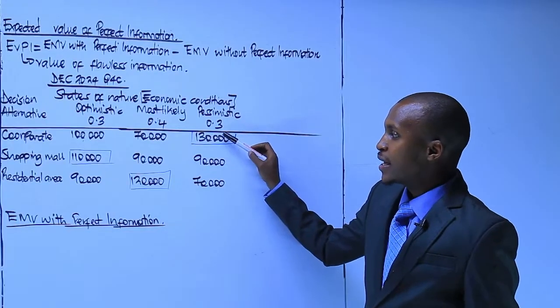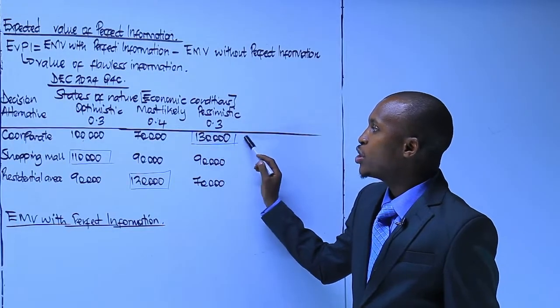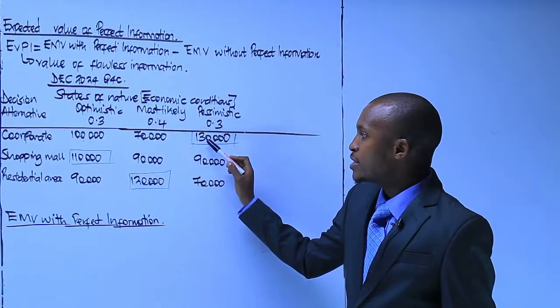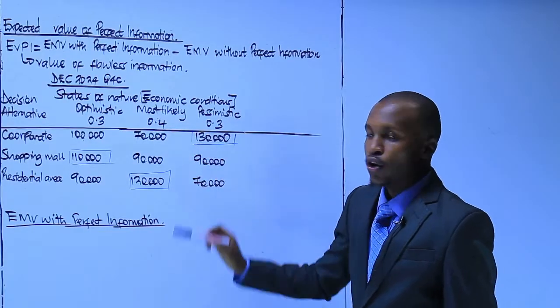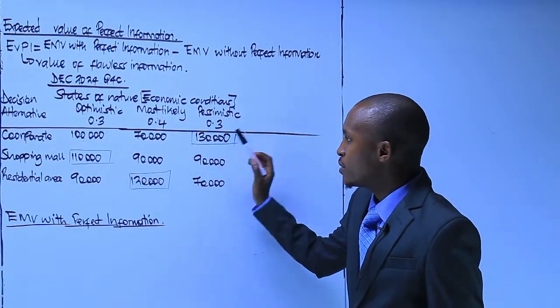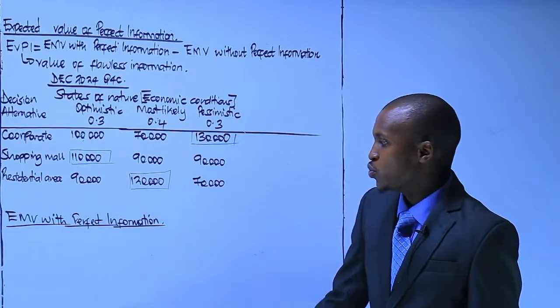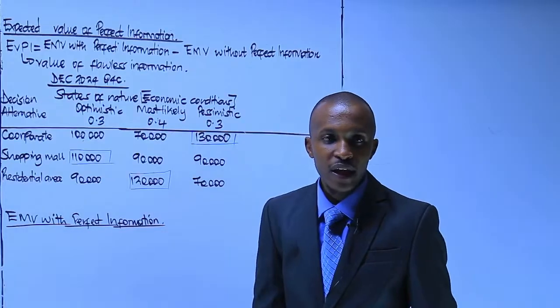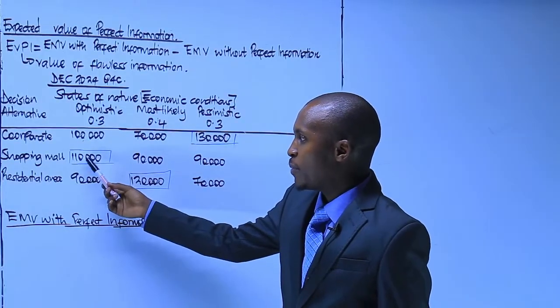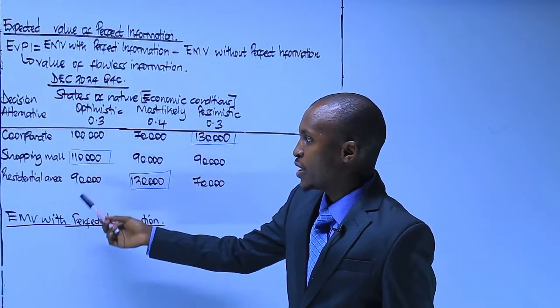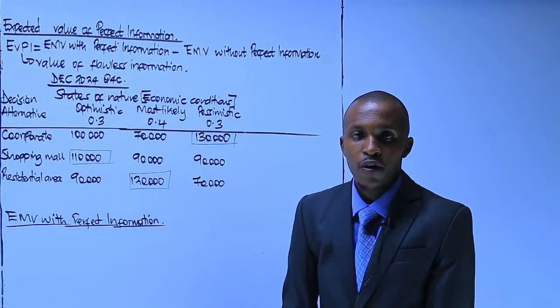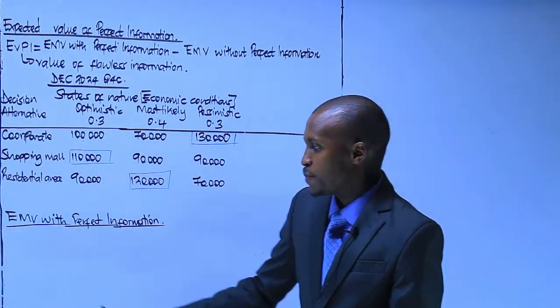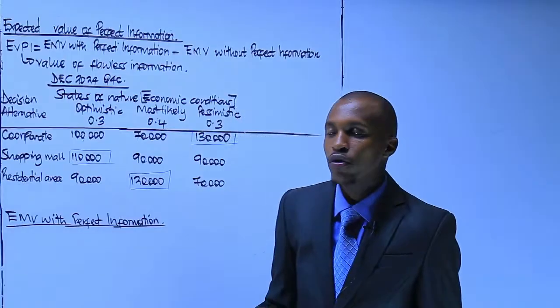In pessimistic, if you knew that the corporate is the one with the highest payoff, you would have selected corporate. And that is why we say this expected monetary value with perfect information is your maximum payoff of each state of nature, then you multiply by your probabilities. Remember, expected, you must multiply with your probabilities.